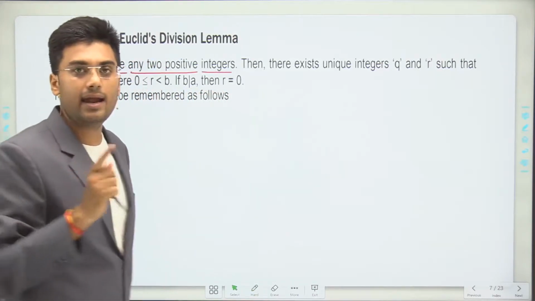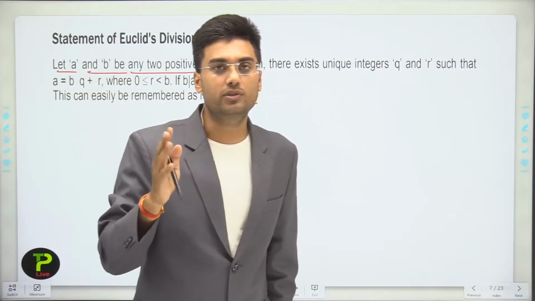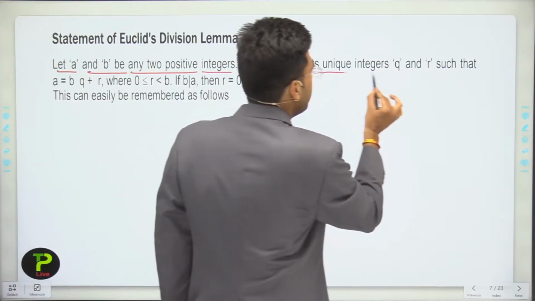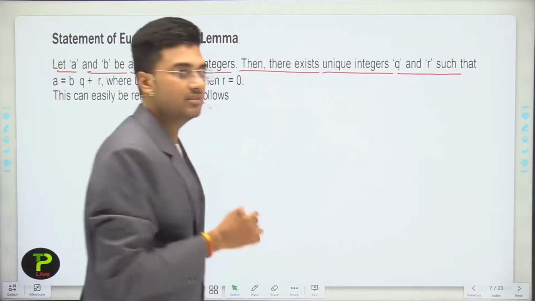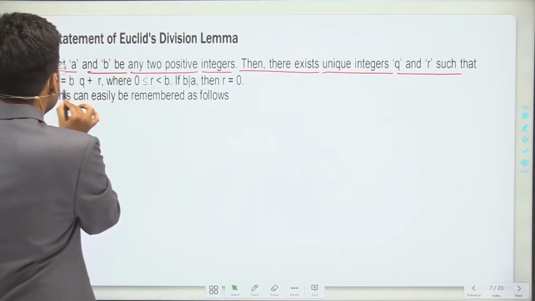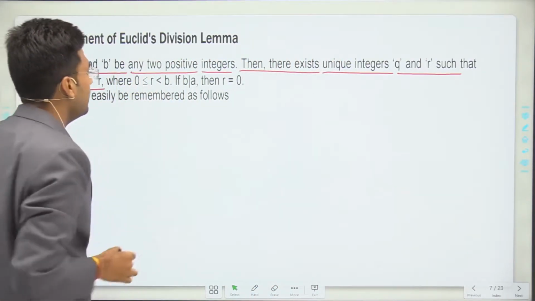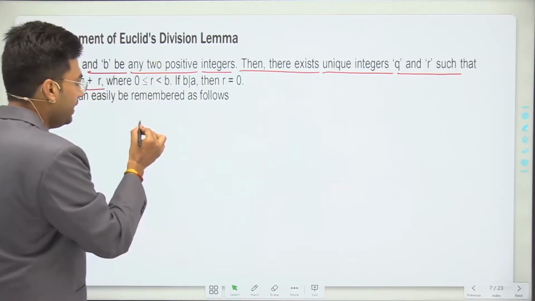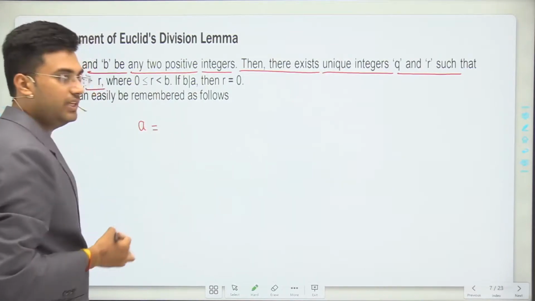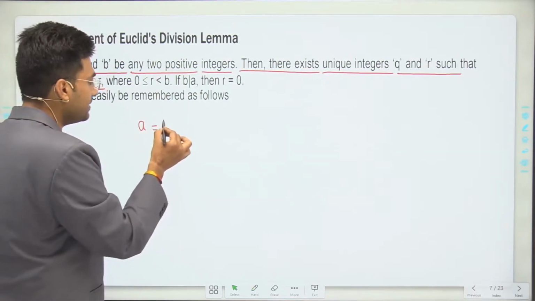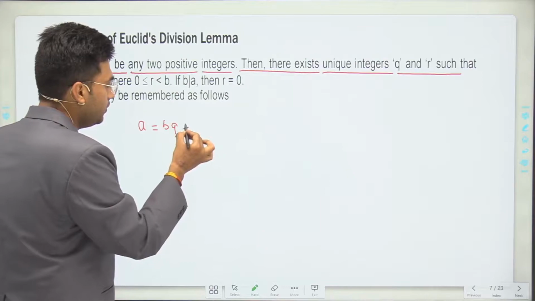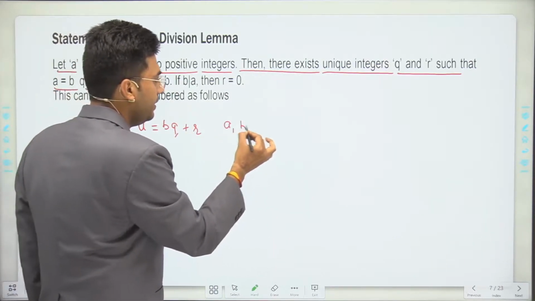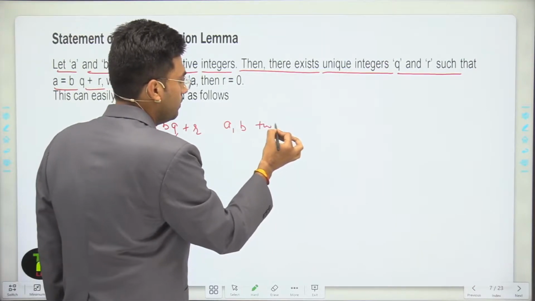Then there exist unique integers q and r such that a is equal to bq plus r. Here a and b are two positive integers.